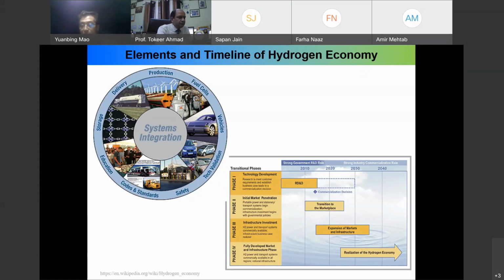The timeline is around 2040, so whether we can get to that, there's a big question mark. I will tell you why hydrogen-related research is paused in the US in just a little bit.